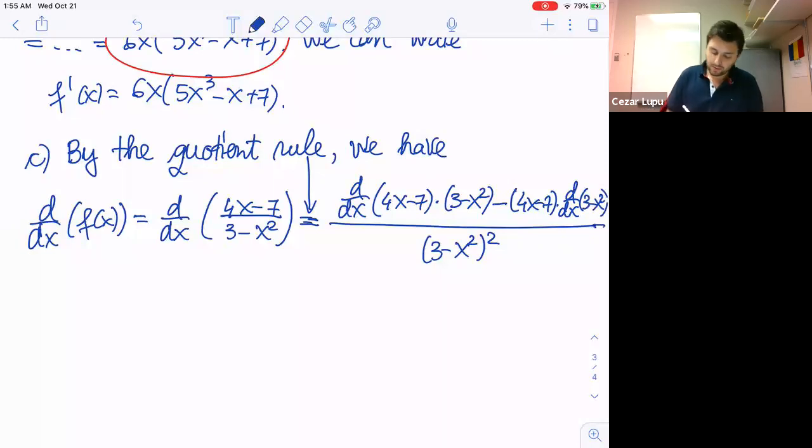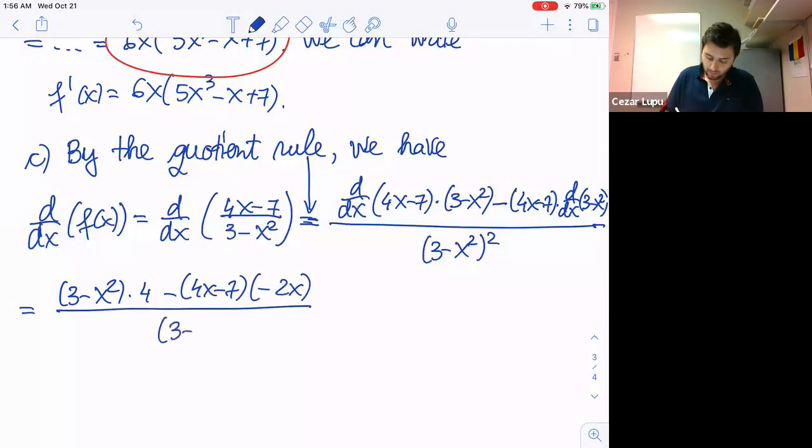All right, and this will be equal to, once we do all this, 3 minus x squared times 4, minus 4x minus 7 times negative 2x, everything over 3 minus x squared, everything squared. Now we're going to do this algebra, and again, I'm just going to skip it. You can figure out directly what this is equal to.